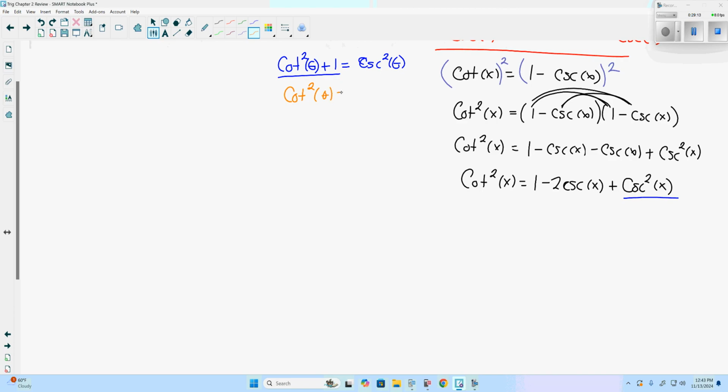But if we subtract 1 from both sides, we get that cotangent squared is equal to cosecant squared minus 1.